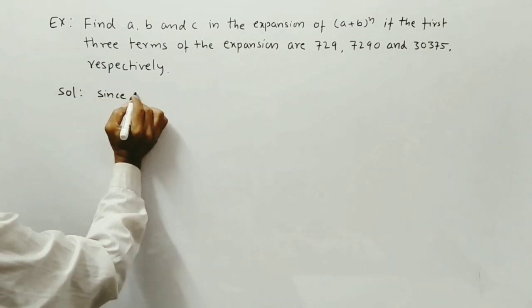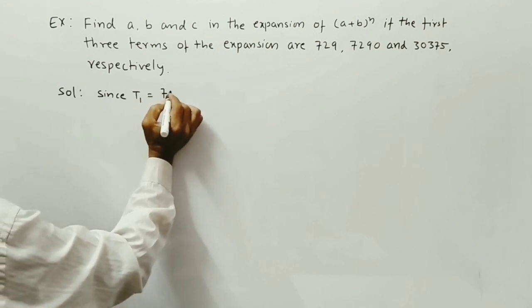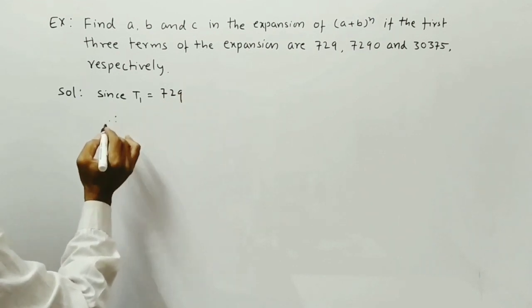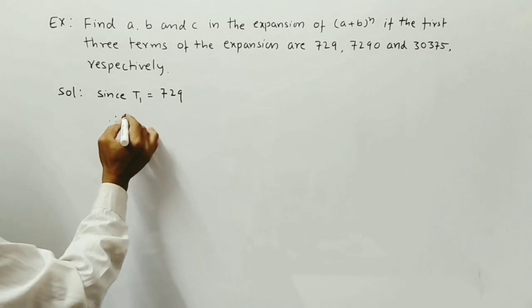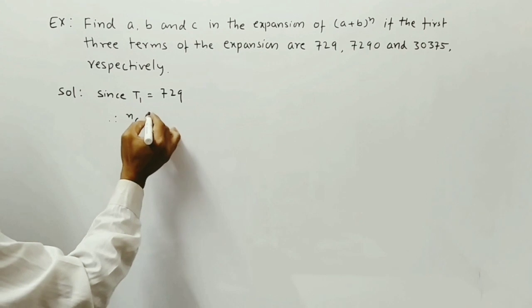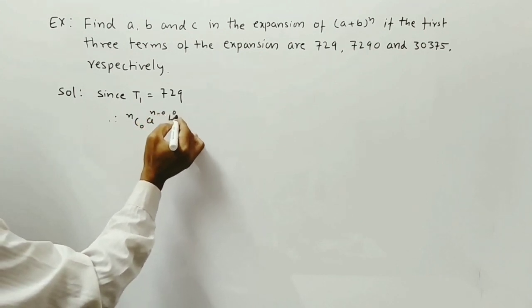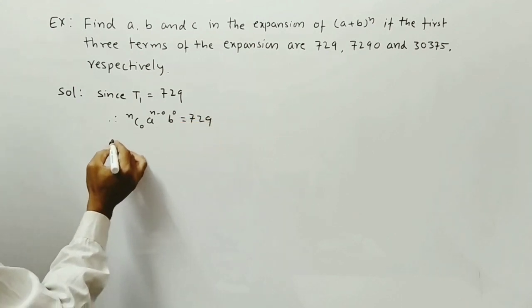Since T1 is equal to 729, therefore NC0 into A raised to the power n minus 0 into B raised to the power 0 is equal to 729.